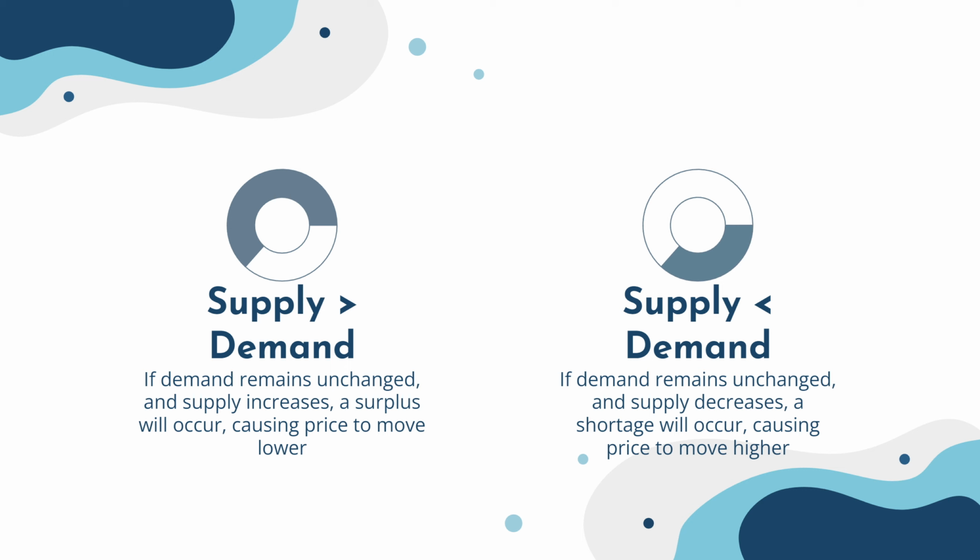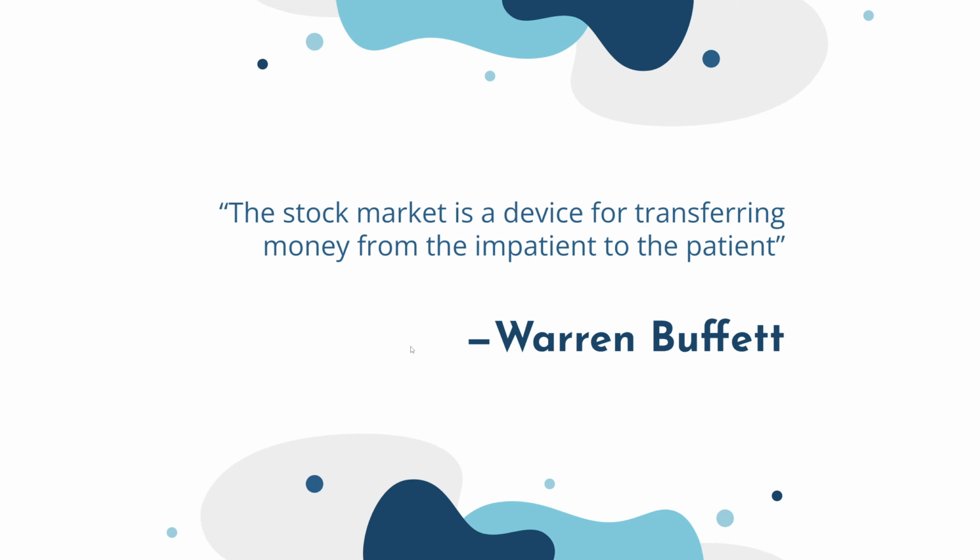All right, that causes the price to move lower. And if demand is unchanged and supply decreases, then a shortage occurs, which causes the price to move higher, right? So there always has to be some sort of imbalance in between supply and demand for prices to actually be affected and prices to move, right?